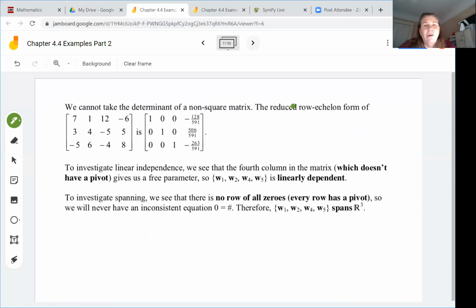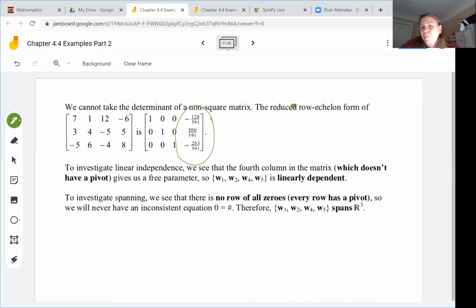So it's a non-square matrix, so we can't take the determinant, so we go to the reduced row echelon form. And so we see the 4th column over here in the matrix gives us a free parameter down here. Because we don't have a pivot for that 4th value, there's a linear dependence relationship here.